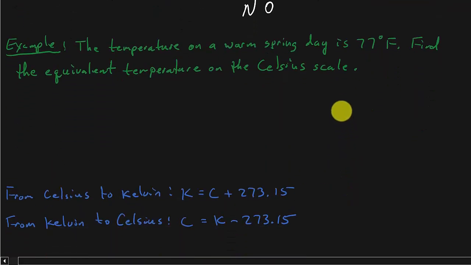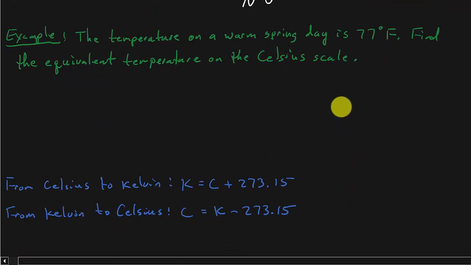All right, so here we have another one. The temperature on a warm spring day is 77 degrees Fahrenheit. Find the equivalent temperature on the Celsius scale. All right, so let's just write the formula to go from Fahrenheit to Celsius. So that's 5/9 times F minus 32.